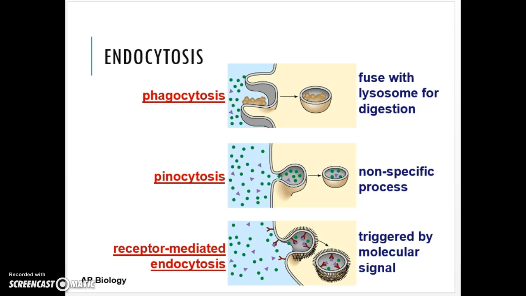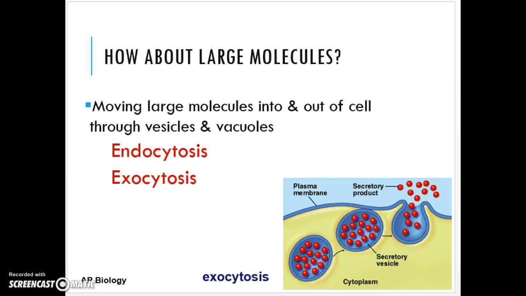And that process takes the form of, actually, I'll go back here to show that. What is important with these vesicles or vacuoles is that they are made of phospholipids as well, so that they fuse easily with the cell membrane.